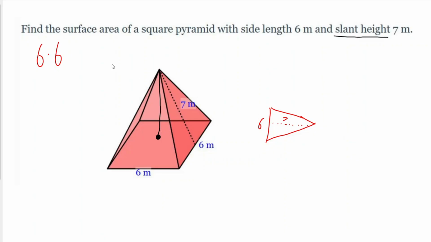So this is going to be plus 6 times 7 times 4, because there's 4 sides. So let's get a little math done here. 6 times 6 plus 6 times 7 times 4 gives me 204, and our units will be meters squared.